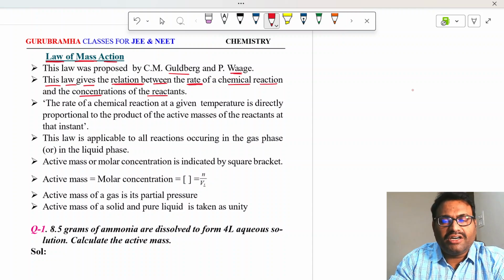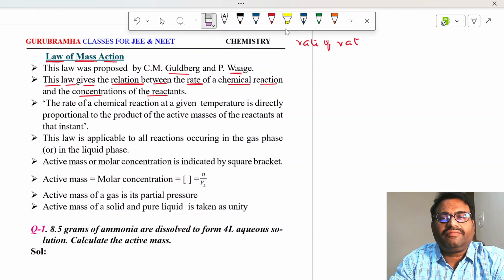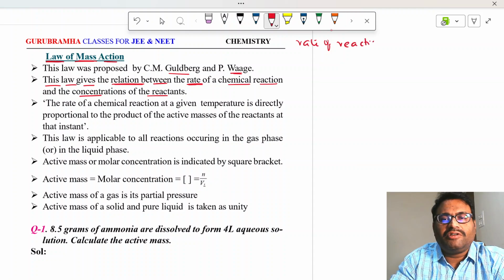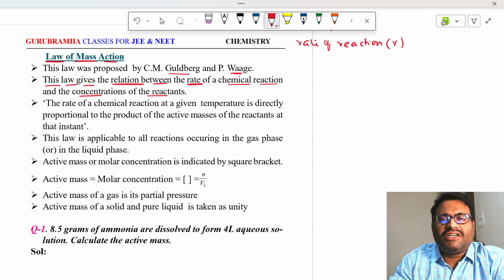Already we have discussed that rate of a reaction is represented by R. Let us take that reactants give rise to products.